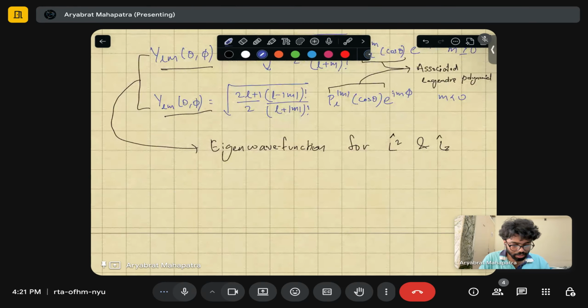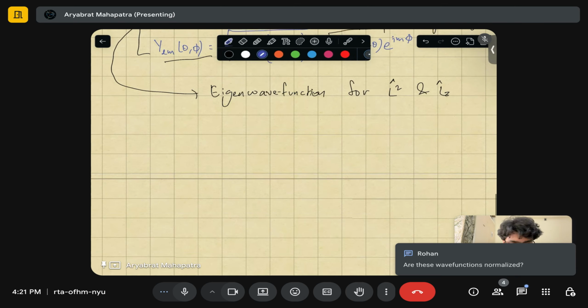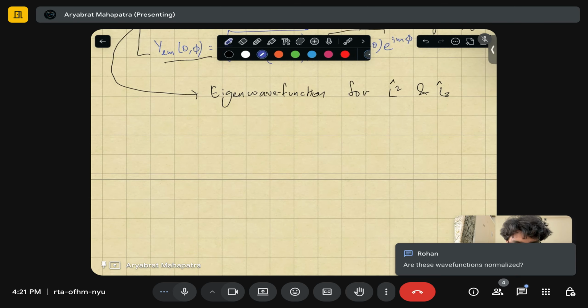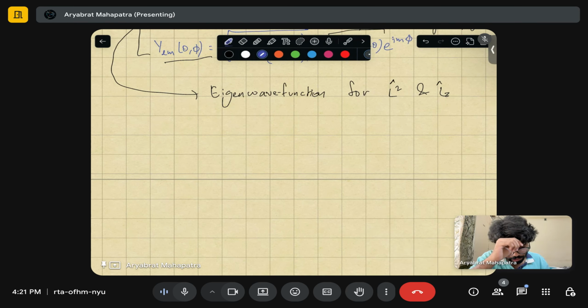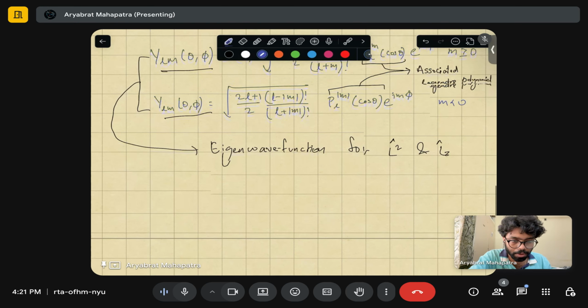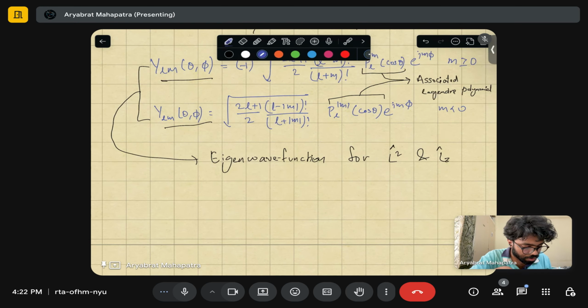Right, then what we have are these eigenwave functions, these wave functions Y_LM(theta, phi). They are normalized.